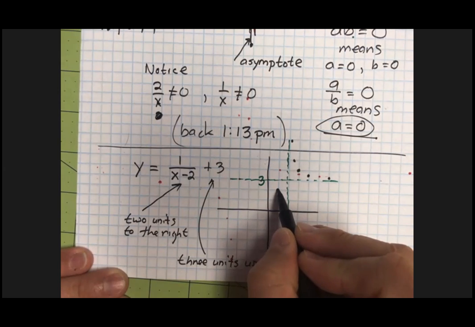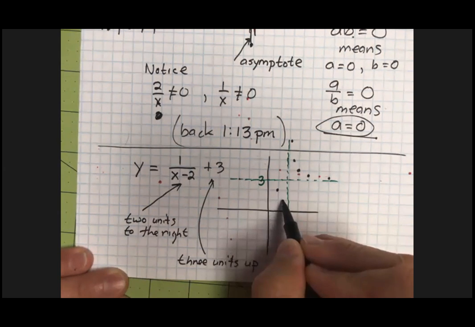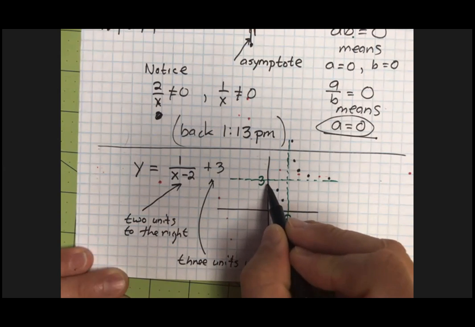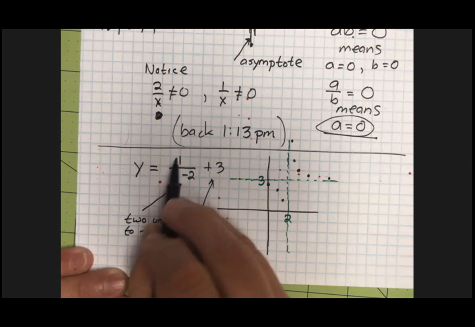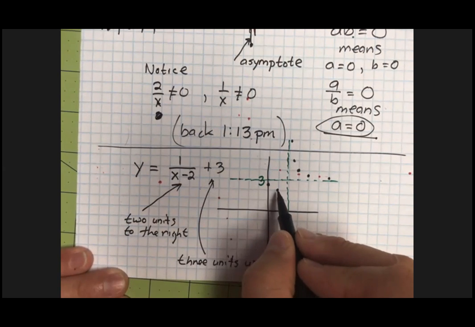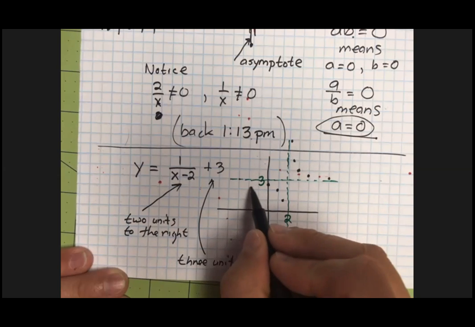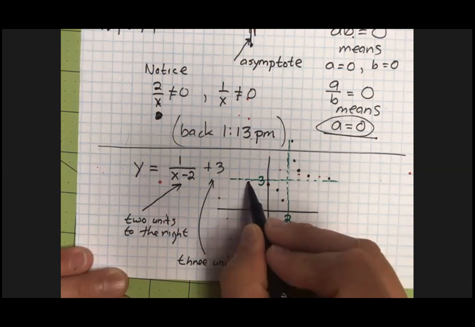And then I get this mirror image point on the other side of that center. Notice when I plug in 0, I get 1 over minus 2 plus 3. That's 3 minus a half. That's 2.5, or a half below that green axis. So I get these same key points. They've just been moved.